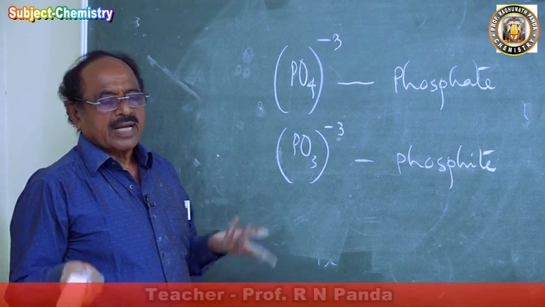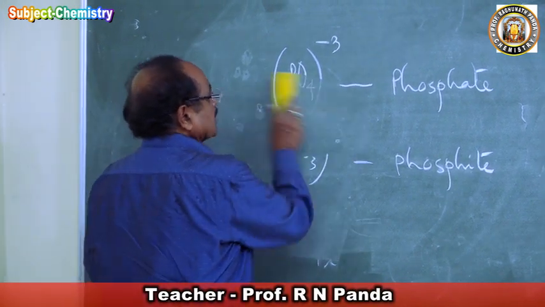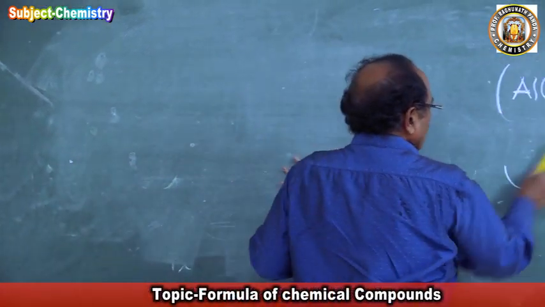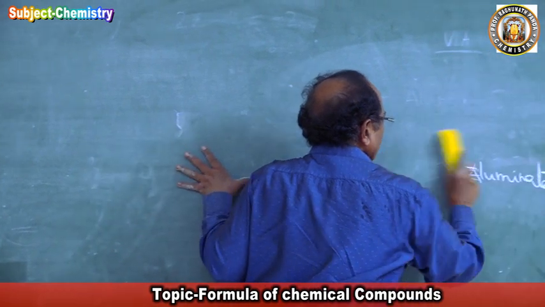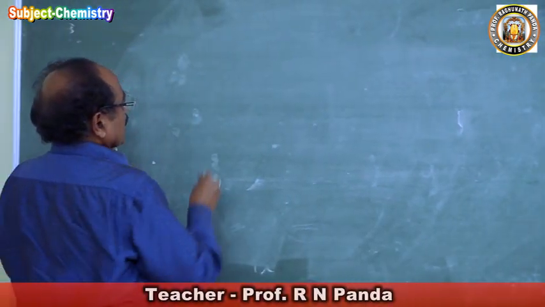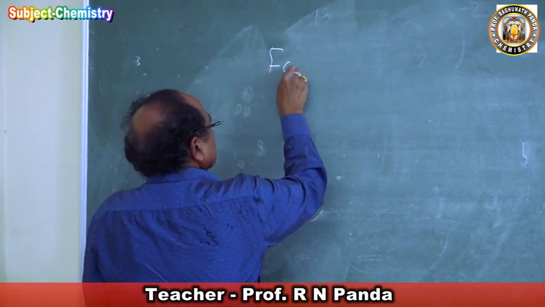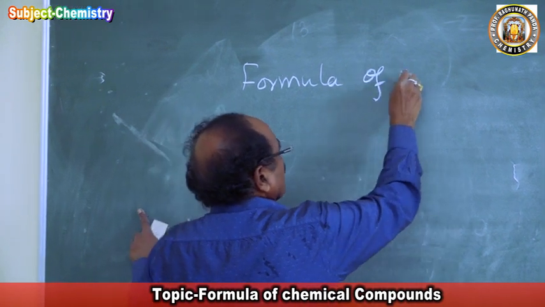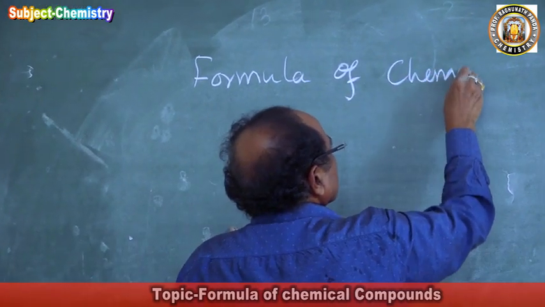If it is a cation, you write plus. Now with these concepts, let's come to writing the formula of chemical compounds. Today's class will be based on the formula of chemical compounds.